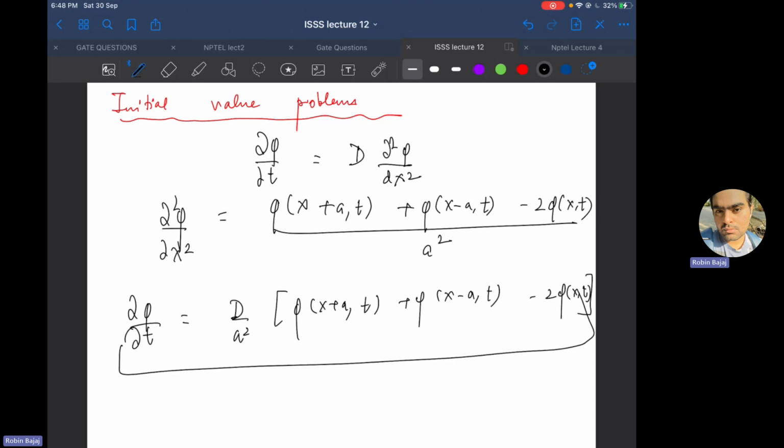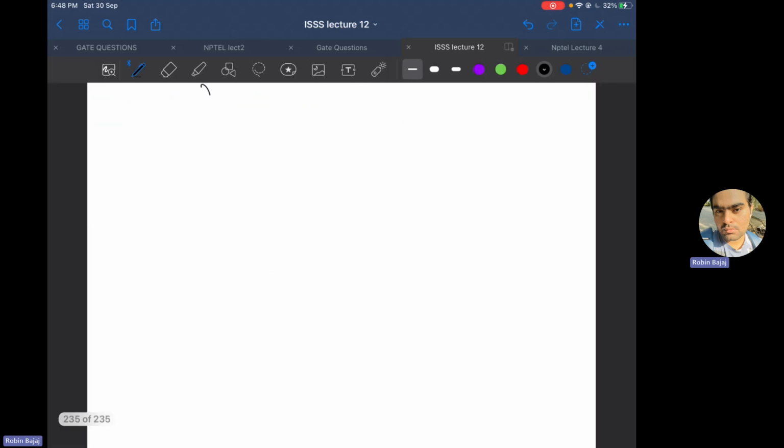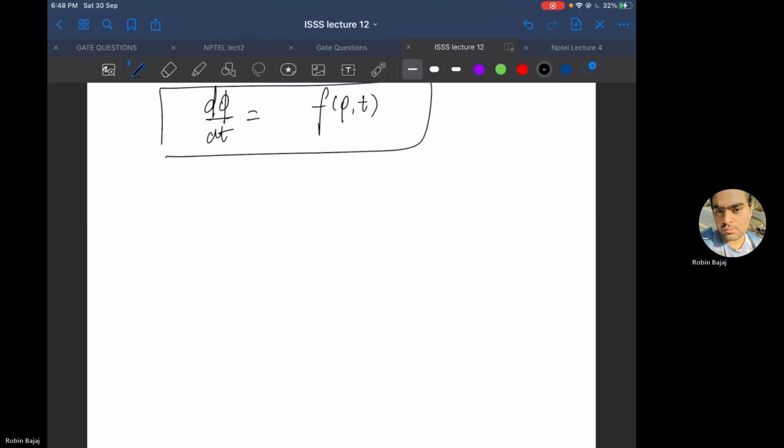So let's just write this equation for that. So now your equation is simply this. You can convert it into the normal derivatives.